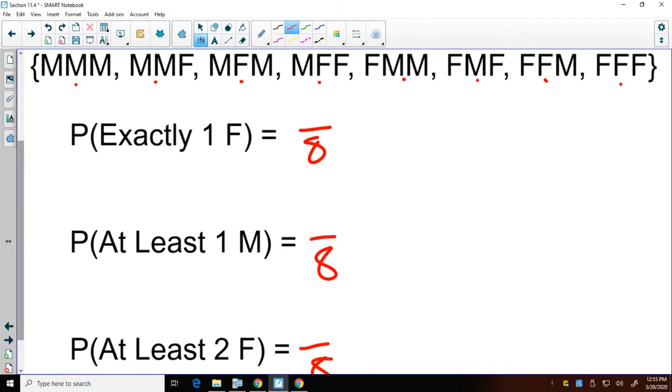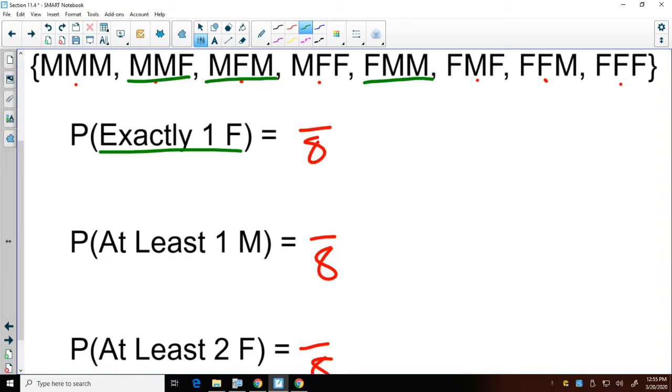Okay? So for this first one, it says exactly 1 female. No more, no less. Well, how many times does that happen? That one right there has exactly 1 female. This one next to it, the MFM, has exactly 1 female. The FMM has exactly 1 female.